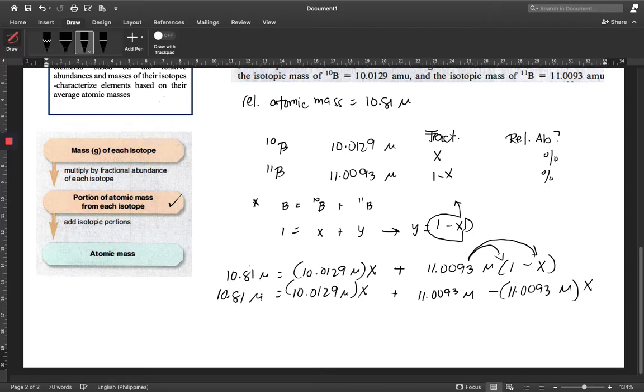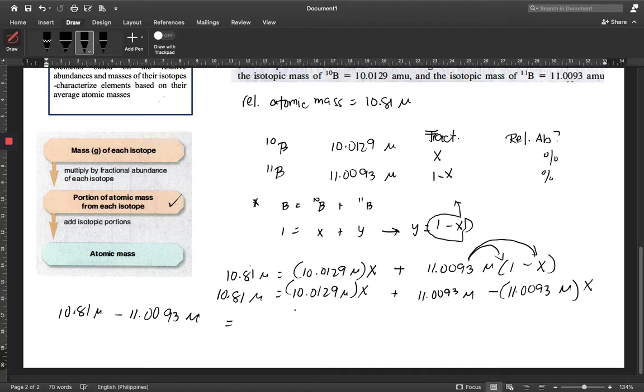If we solve for x, we transpose 11.0093 amu to the other side, so this becomes negative. We just have to subtract it from 10.81 amu. So 10.81 amu minus 11.0093.